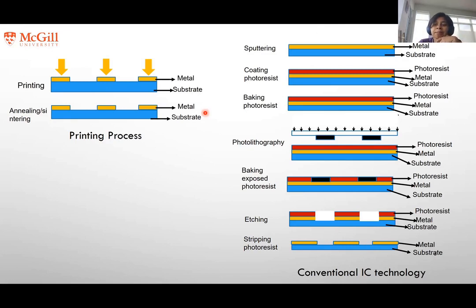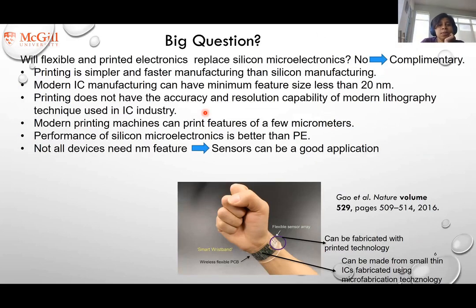And finally, also you can see how rigorous this conventional IC technology process is. So now, and this is a question that I get pretty frequently. You can see that, okay, it is very easy to do the printing process and it saves time, energy, material waste.